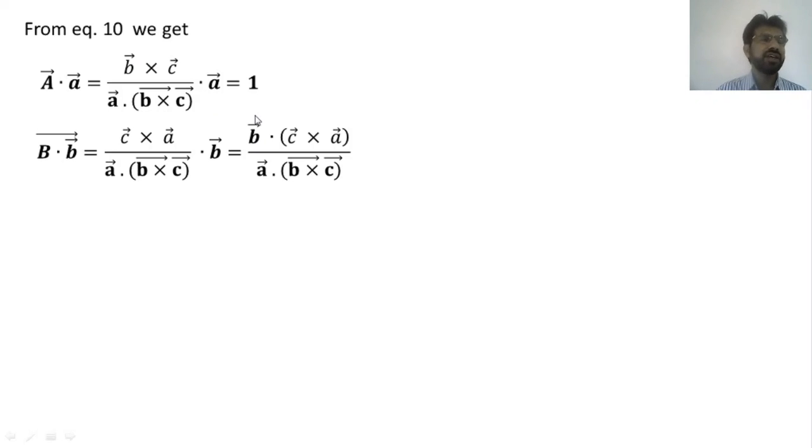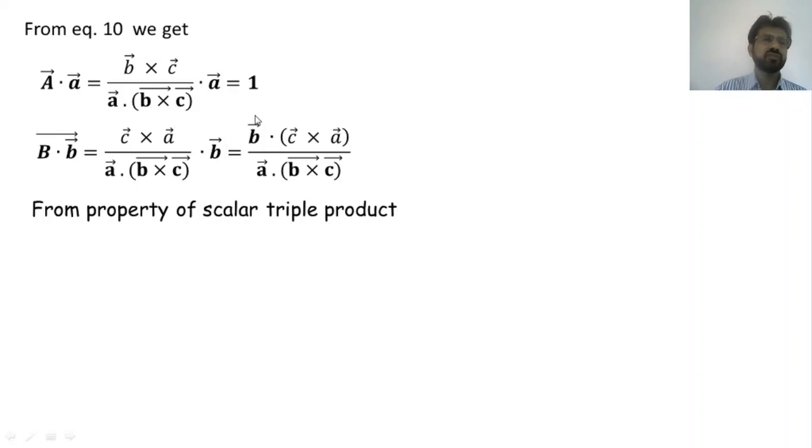The same thing, if we take the scalar product of the reciprocal lattice vector and the direct lattice vector and substitute these values, we get this expression. It becomes the vector a dot vector b cross vector c divided by the vector a dot vector b cross vector c.